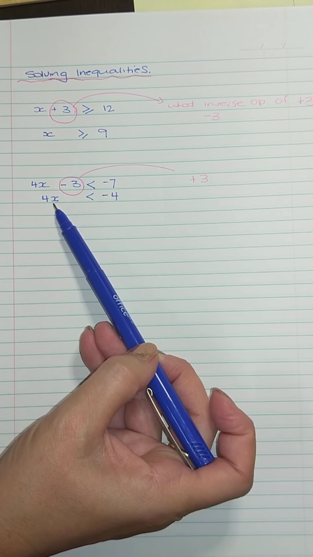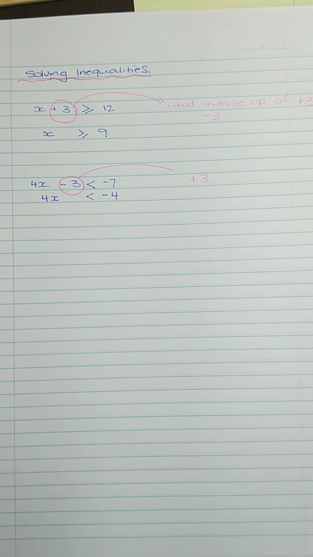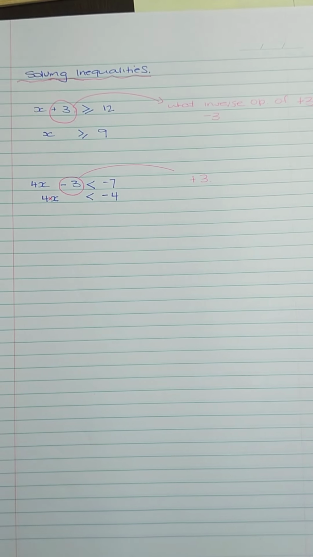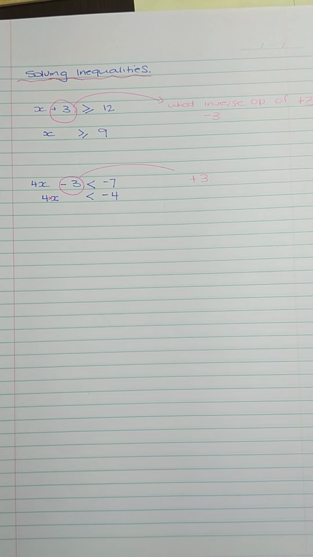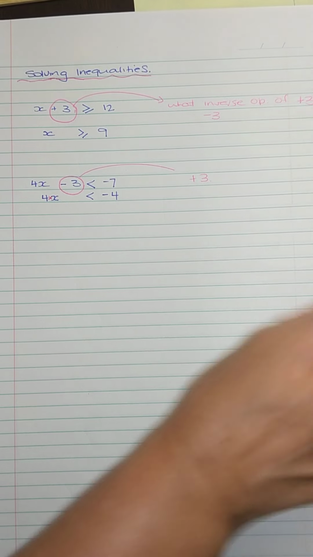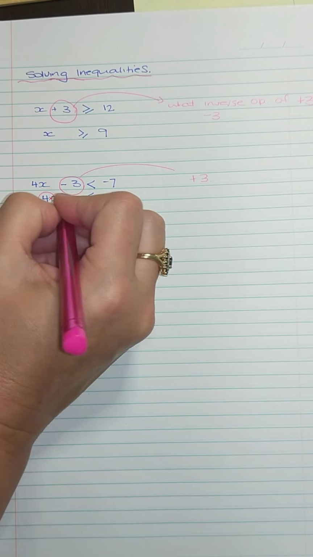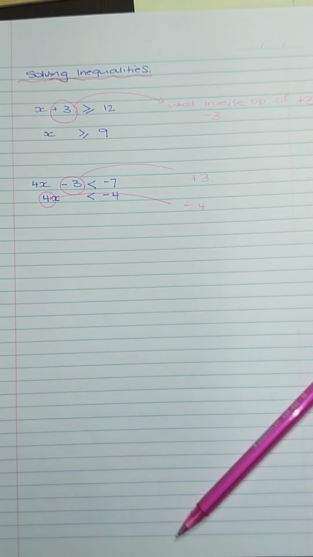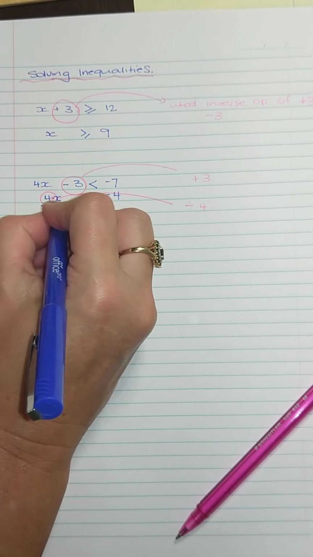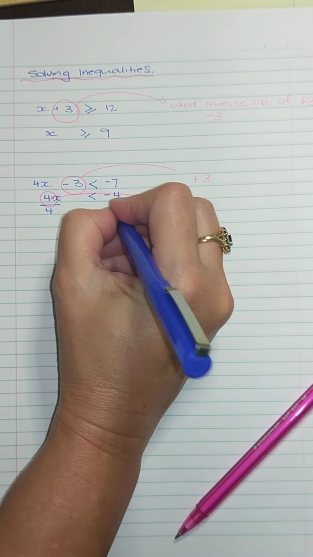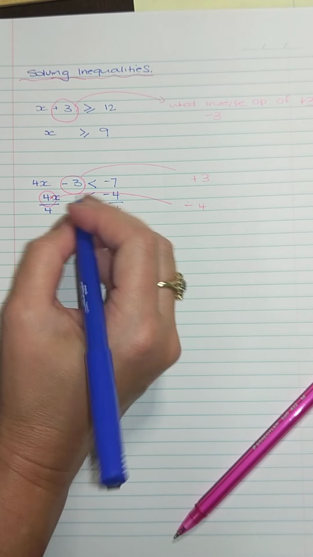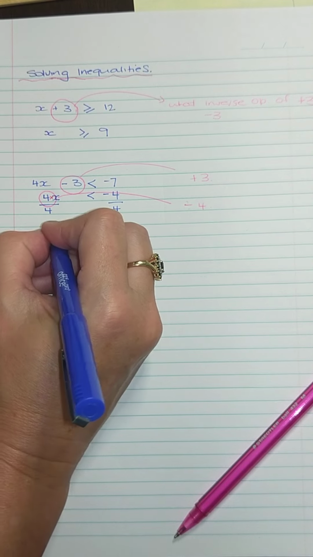All right, how are we going to undo this? Remember, there's a little multiply in there. What is the inverse operation of times 4? It is actually divided by 4. So we're going to divide everything on this side by 4 and everything on this side by 4. 4 divided by 4 is 1, or 1x, so it's just x.